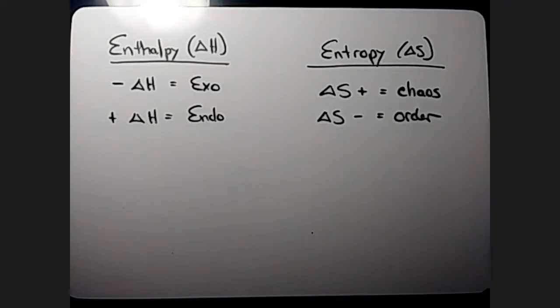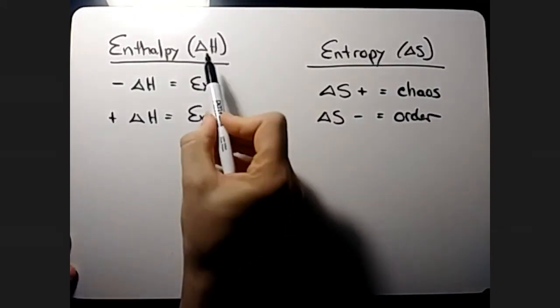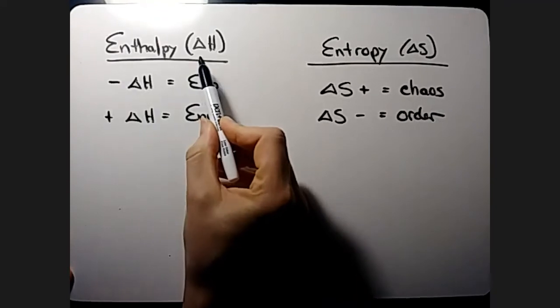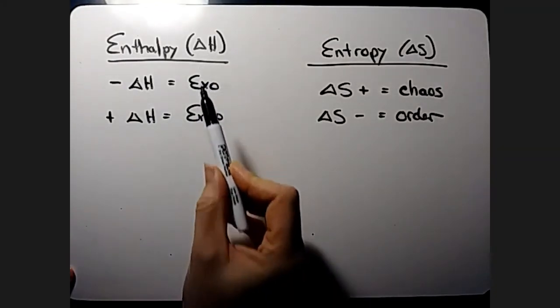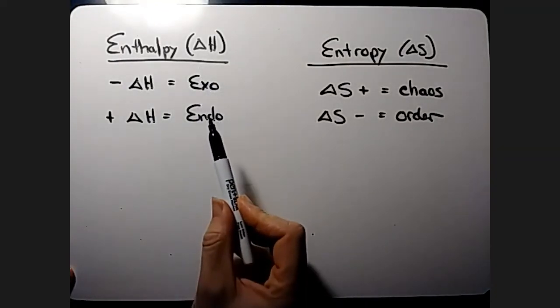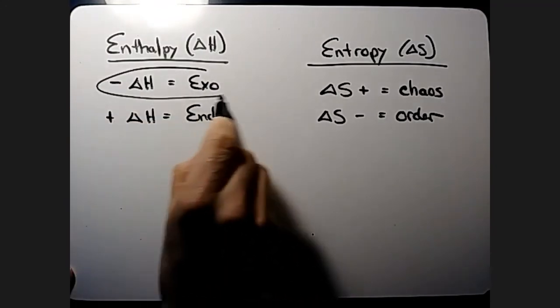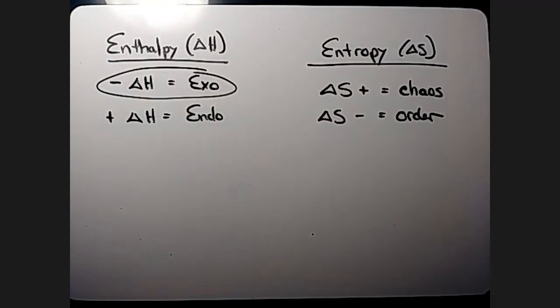Now, nature really favors two different thermodynamic states here. As far as the enthalpy of a chemical reaction is concerned, if it had to pick one of these two, exothermic or endothermic, it would pick an exothermic overall chemical reaction to be more of that spontaneous style. So there are way more spontaneous exothermic reactions than there are endothermic.